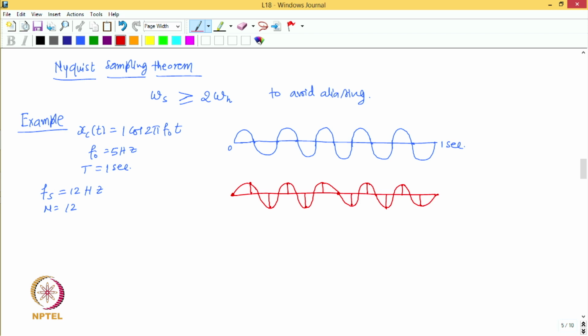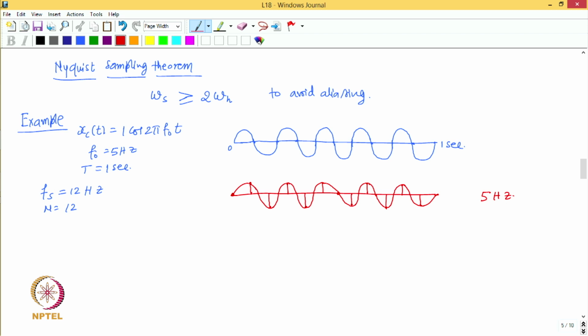What we see is that the reconstructed signal is representing the original continuous signal well. It is able to capture the variations occurring in the continuous signal, and in fact, the frequency of this reconstructed signal is 5 hertz, and this matches with the frequency of the continuous signal, that is 5 hertz.